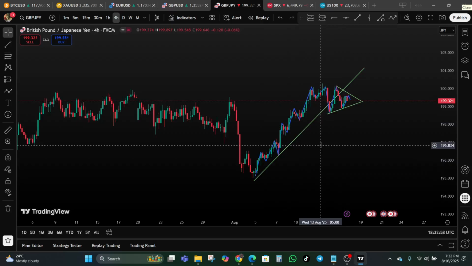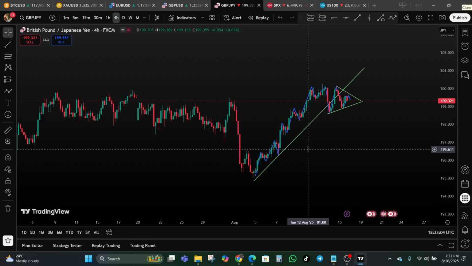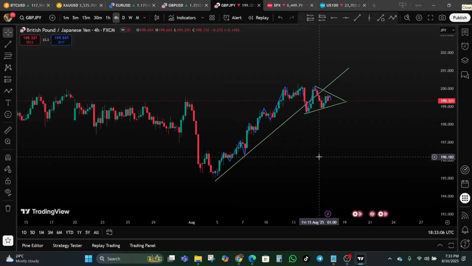Okay, so once you have identified the trend and the market structure, the next thing for you to do is to mark out your order blocks. The order blocks are areas where price previously made strong moves. Then instead of jumping in when price is moving fast, you wait for it to pull back to these zones.